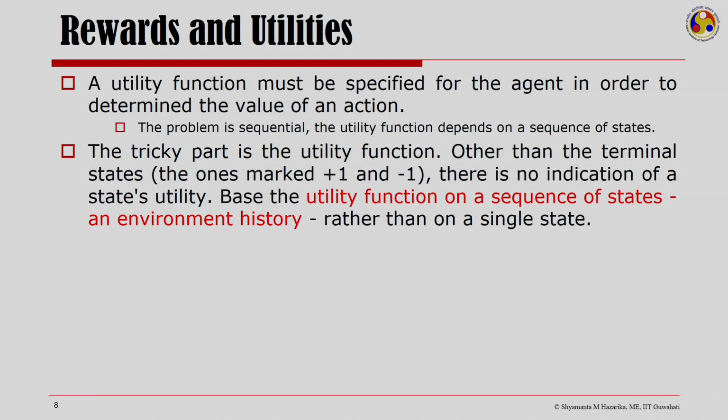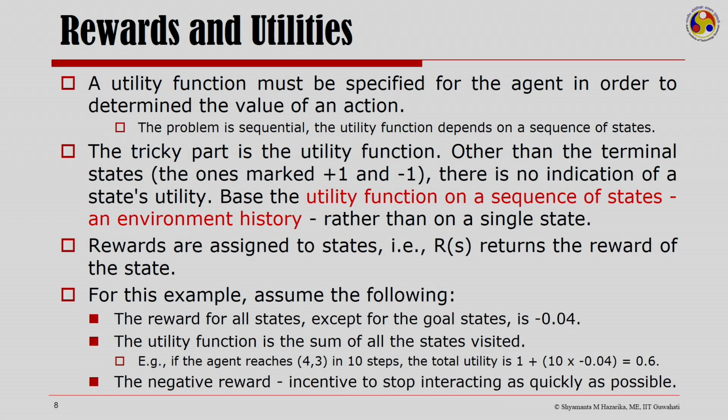So, when we base the utility function on a sequence of states, we need to look at the history, or what we call the environment history, rather than on a single state. So, we do it in the following way. Rewards are assigned to the states, that is, each state returns a reward which is given as R(s).